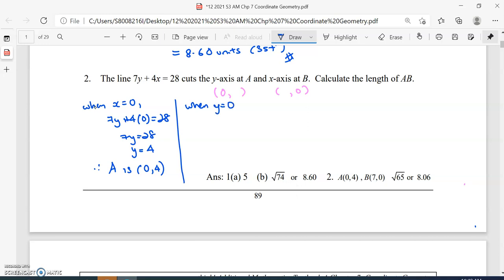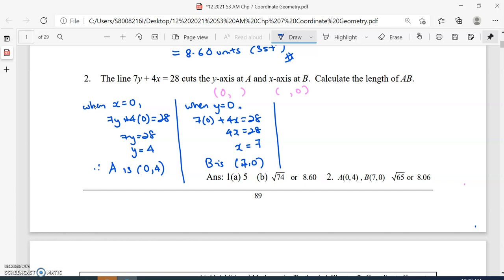When my y is equals to 0 for B, I know that 7 times 0 plus 4x is equals to 28. 4x equals to 28. x will be equals to 7. So now I know B is (7, 0).